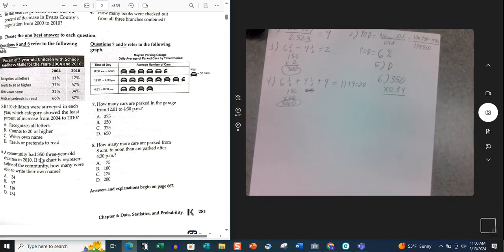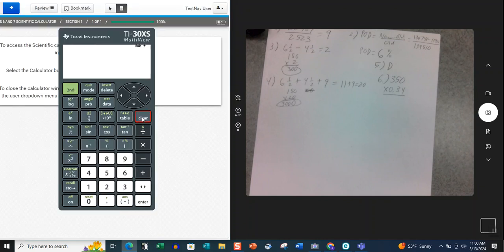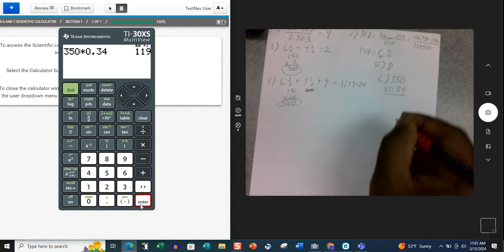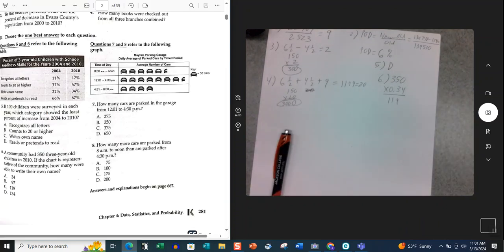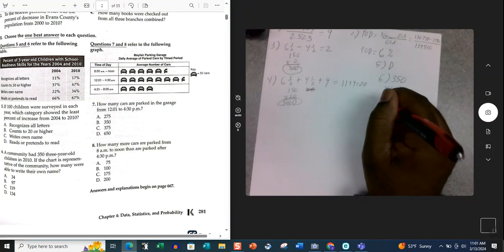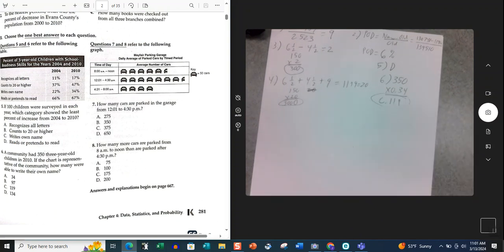So we could take 350 times 0.34, and we could do our calculator. 350 times 0.34, and that gives us 119. Now, the letter answer for 119 is C.